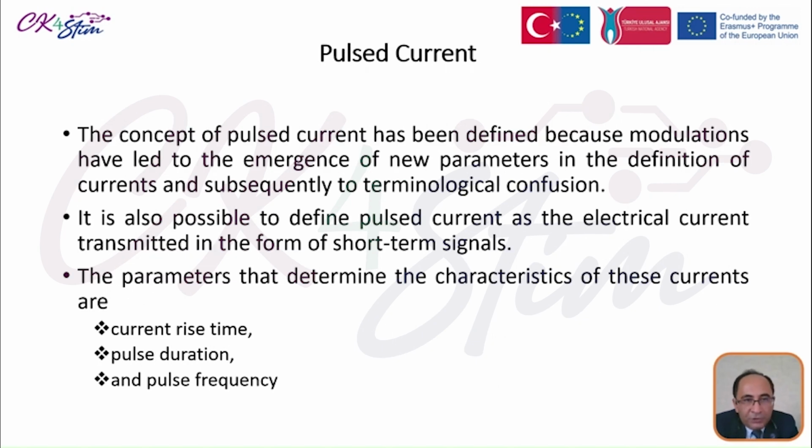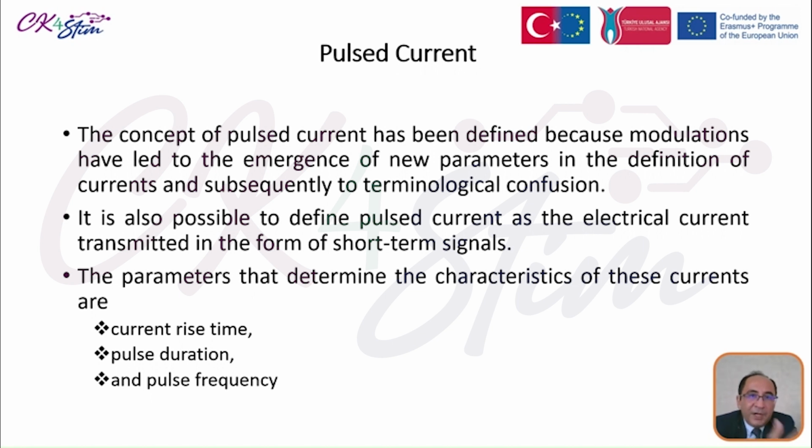The modulation of direct and alternating currents brings up the pulsed currents. The concept of pulsed current has been defined because the modulations have led to the emergence of new parameters in the definition of currents and subsequently to terminological confusion.